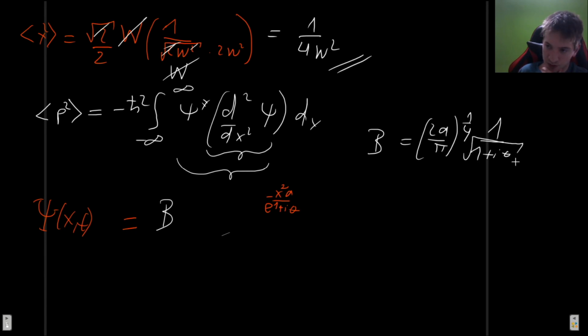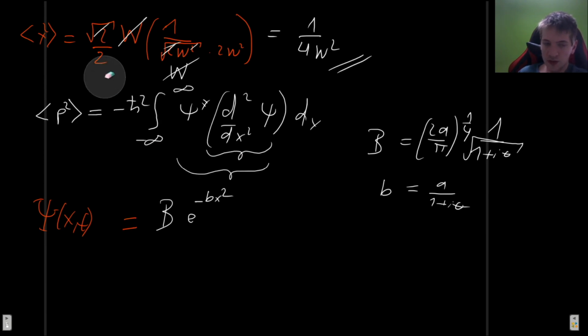We can't just call this w, because this is a to the 1/4 power, not a to the 1/2, and this is not 1 plus i theta squared. It kind of looks like when we used the w, but it's not the same. And here in the exponential, we can define small b as a divided by 1 plus i theta, so that we get e to the minus b x squared.